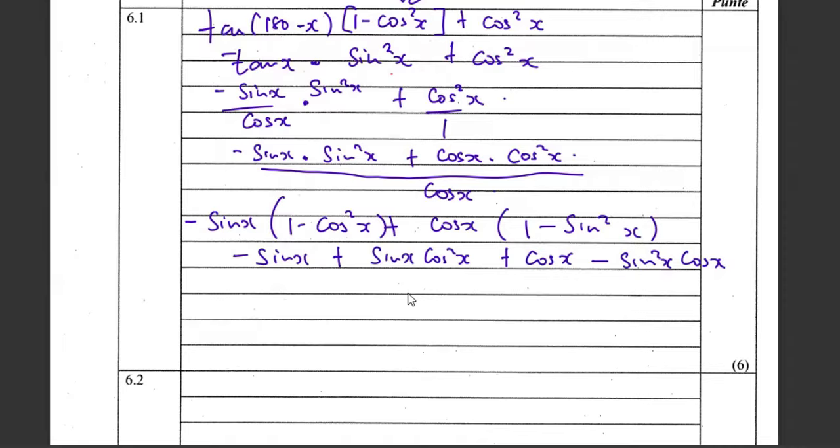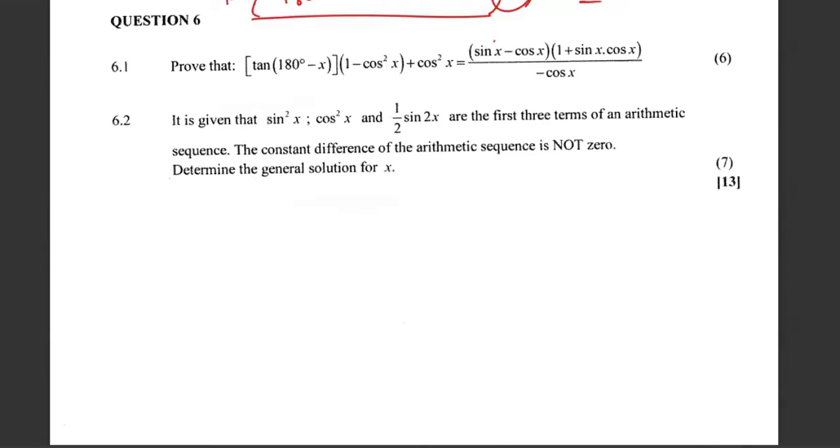Let me combine this and this, then I'll combine this and that. So I'll say cos of x minus sine of x plus sine x cos squared x minus sine squared x cos x.